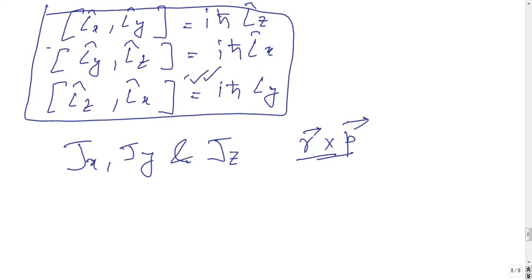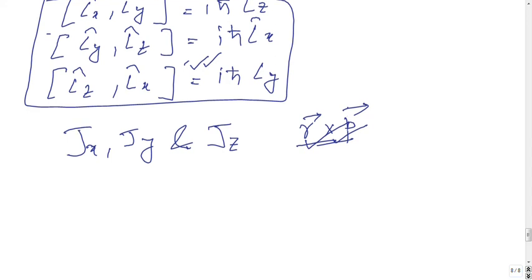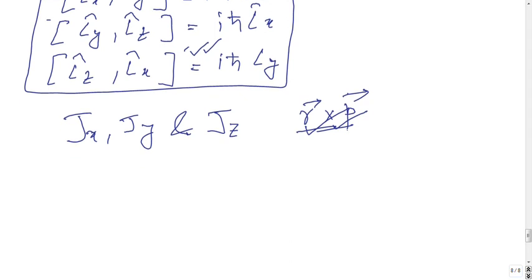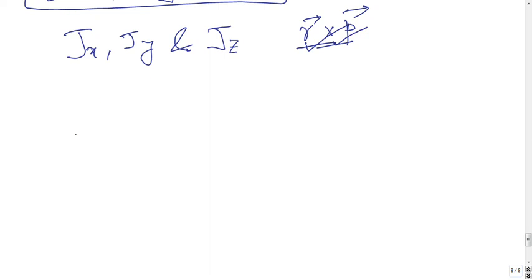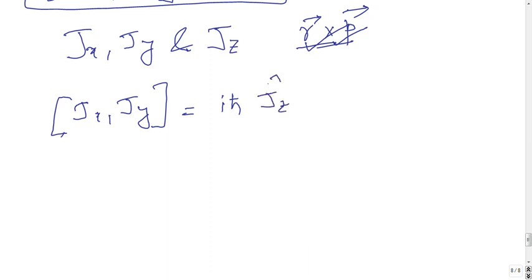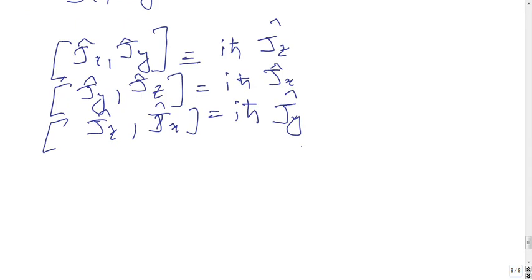In this view, Lx, Ly and Lz become a special kind of angular momentum which has this form. Taking the commutation relation as the definition of generalized angular momentum, we define Jx, Jy and Jz as those operators which satisfy these commutation relations.